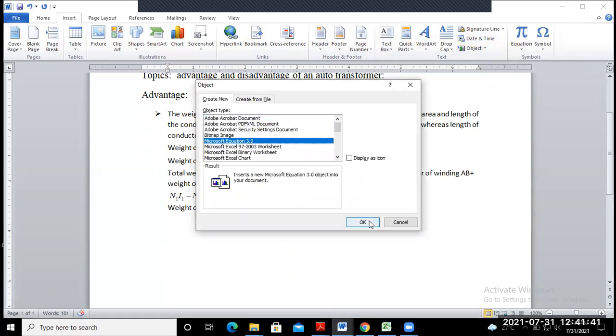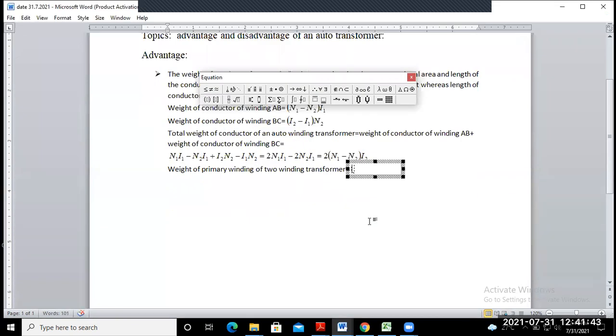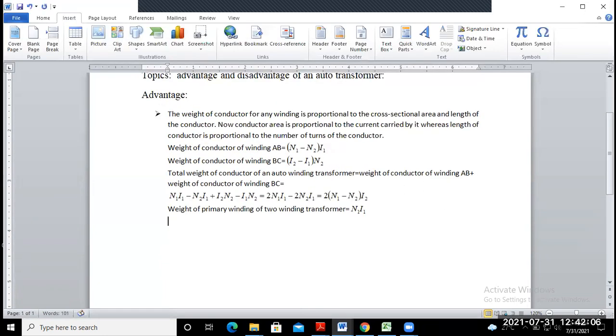So N1 I1. Similarly, the weight of the secondary winding of a two winding transformer is your I2 N2.